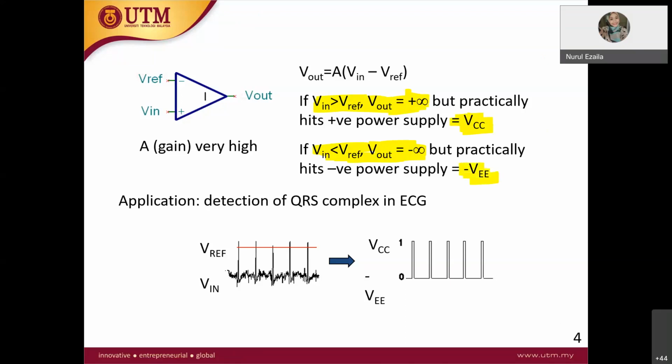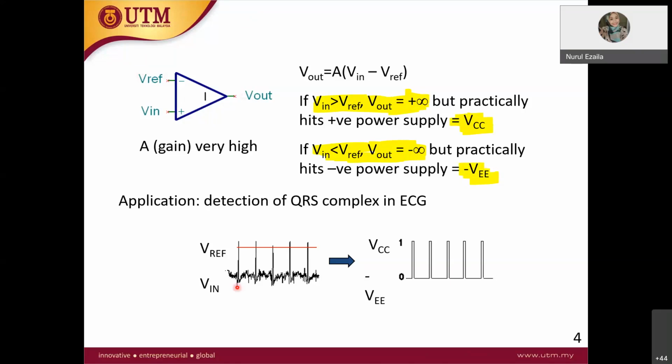One application of the op-amp as a comparator is detection of the QRS complex in ECG. ECG is medical health equipment. For example, it has this input, which is the heart rate of a person.